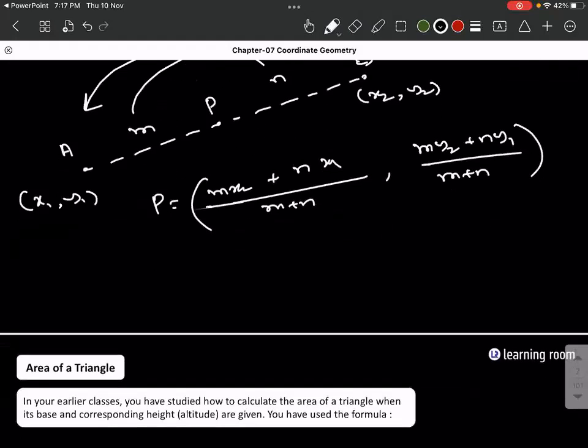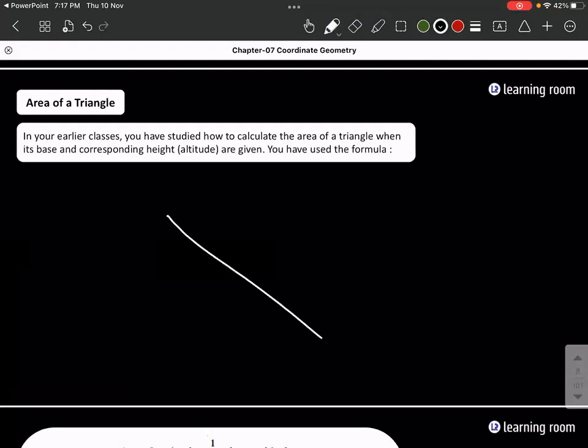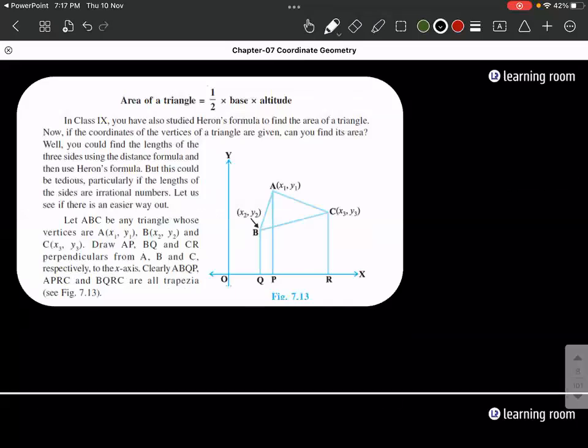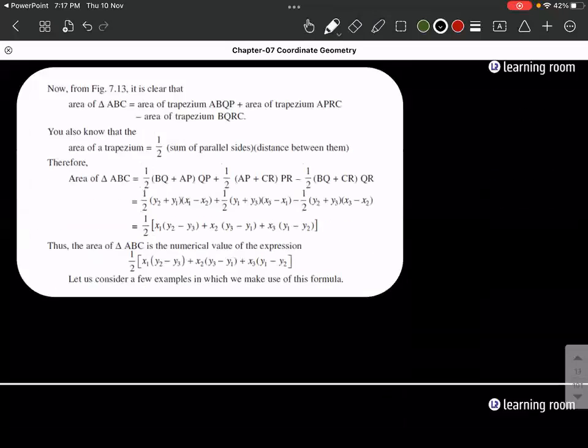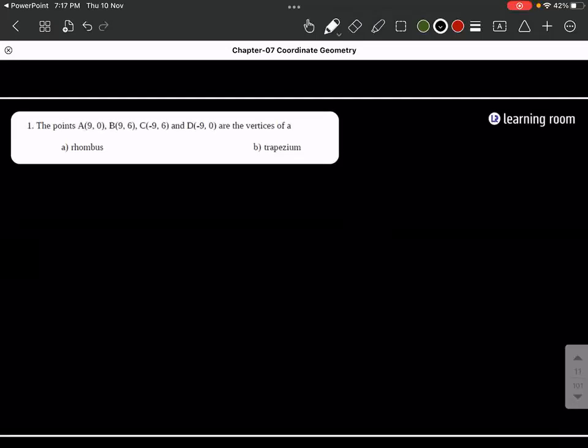So this is how we calculate. Area of a triangle is not needed. Based on this, we'll see how to solve the problem.